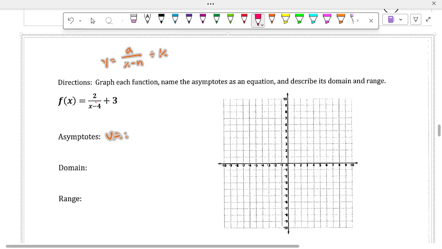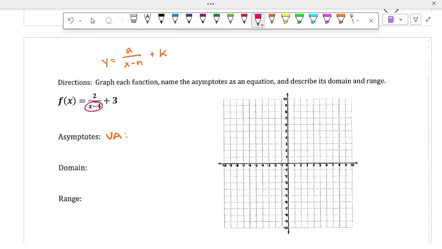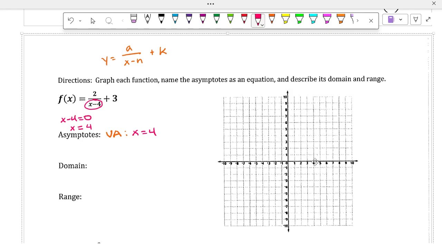And that's exactly what we're going to do. We're going to take that, set it equal to 0, and solve. So x is equal to what? 4. So that's our vertical asymptote. So if I want to draw it over here, I would go to when x is 4 and draw a dotted vertical line.